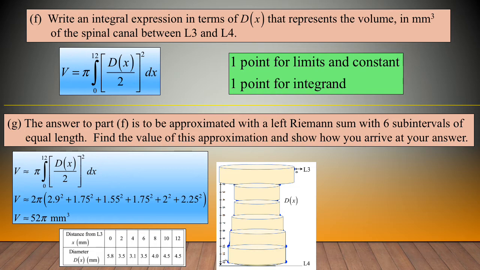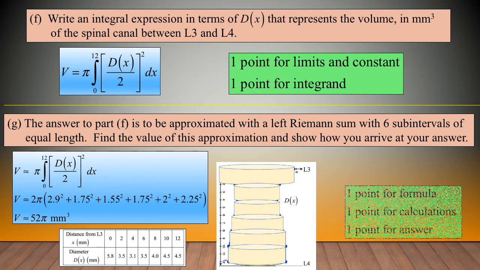So we have 2.9 squared plus 1.75 squared plus 1.55 squared plus 1.75 squared plus 2 squared plus 2.25 squared, and we get an answer of 52 pi cubic millimeters. 3 points for this problem, 1 point for the formula, 1 point for the calculations, and 1 point for the answer.